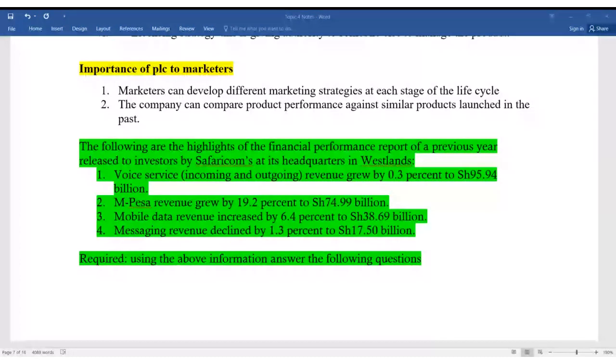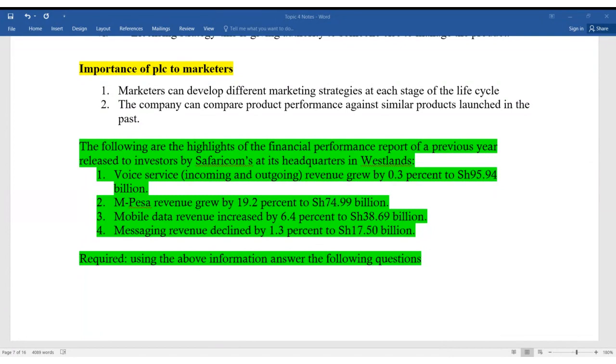Voice service is one of the services offered by Safaricom in terms of incoming and or outgoing voice calls. Like if you call someone's number and you talk, you talk one to another.